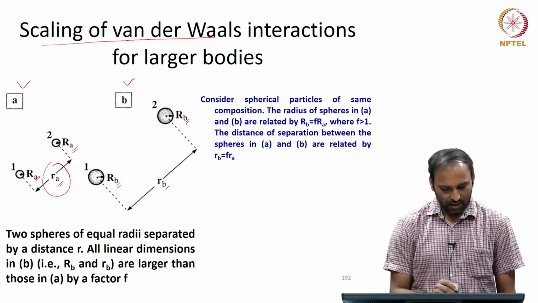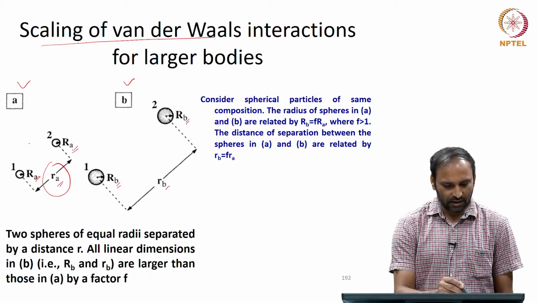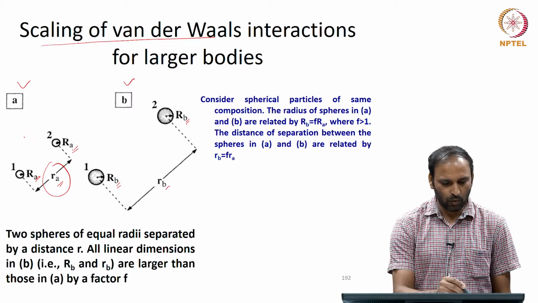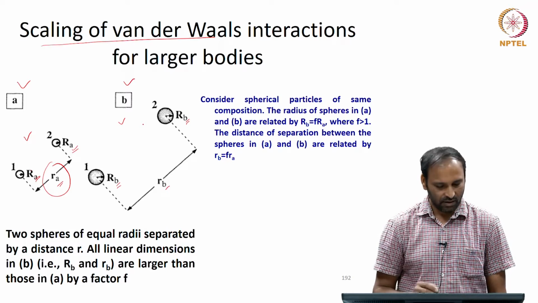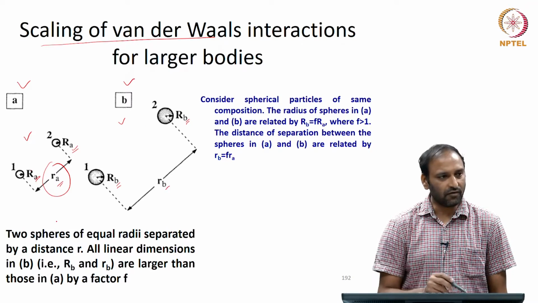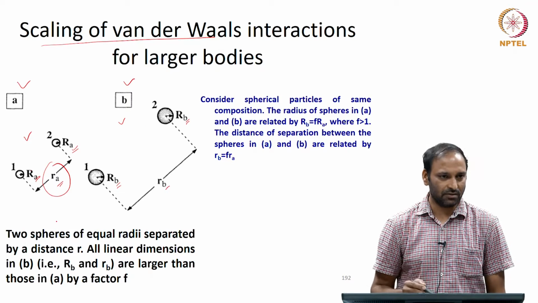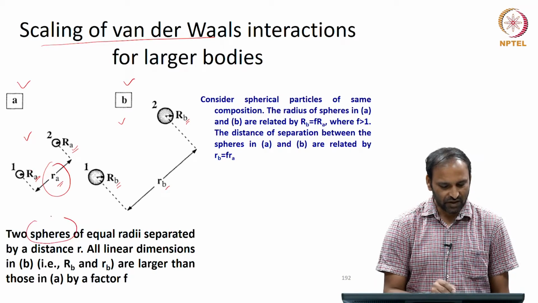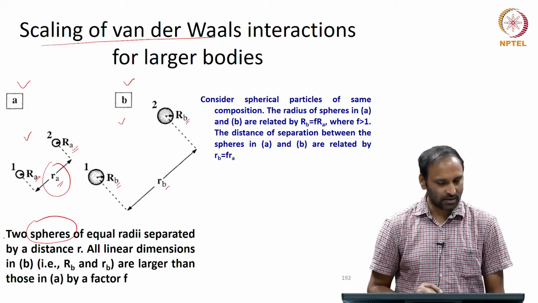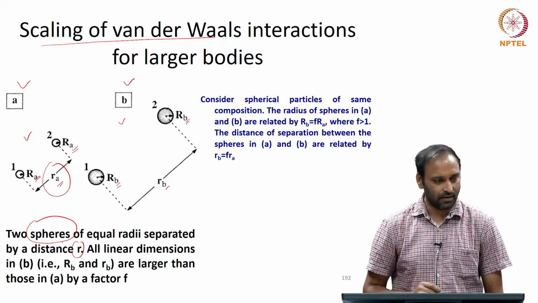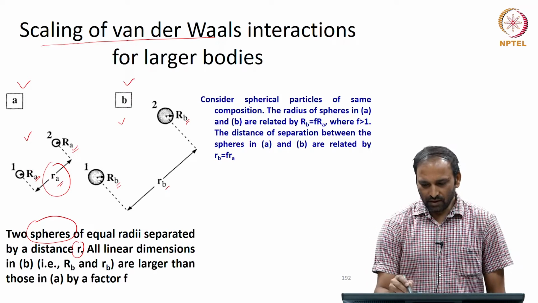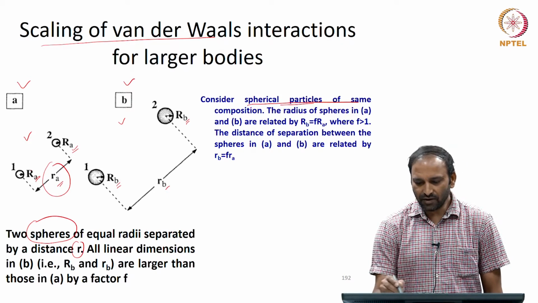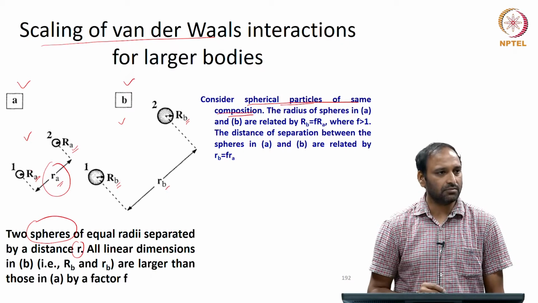In both case A and case B, the particles are of equal size, spheres of equal size, separated by some distance. We will assume that the spherical particles are of the same composition.